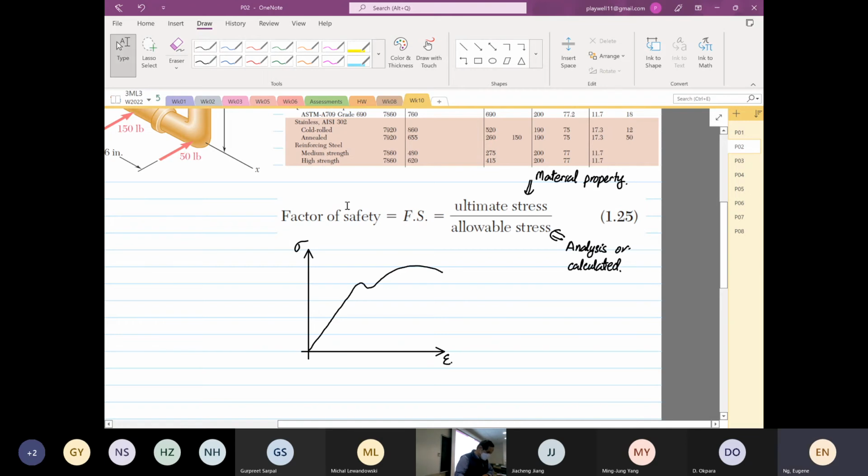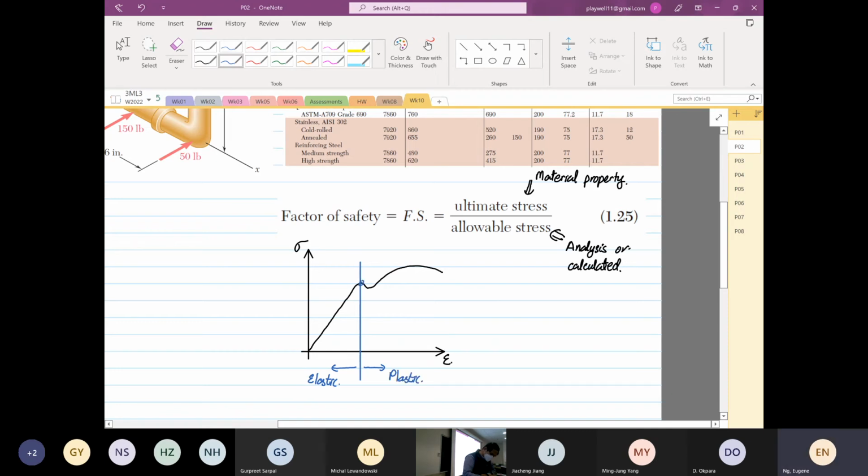Okay. And then at this point, I'm going to divide them into two. Over here, this is the elastic region. Over the other side is our plastic region.